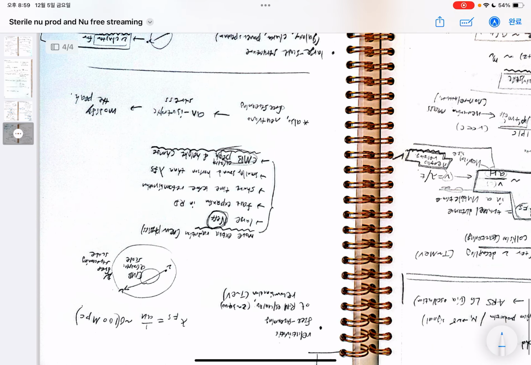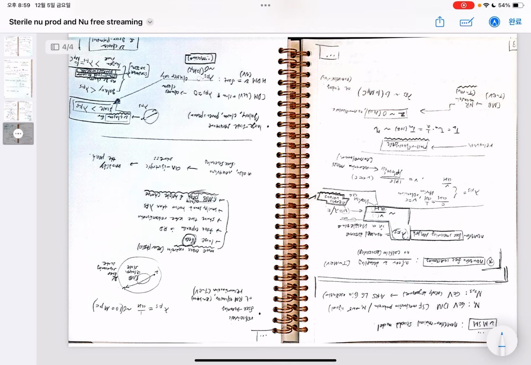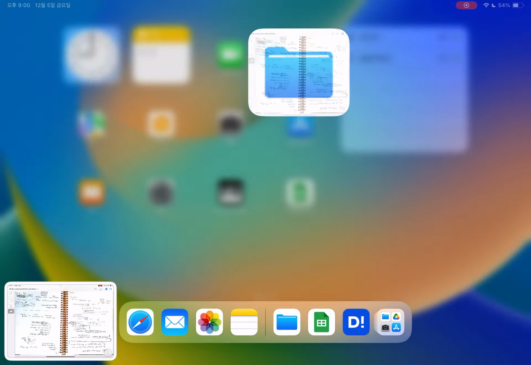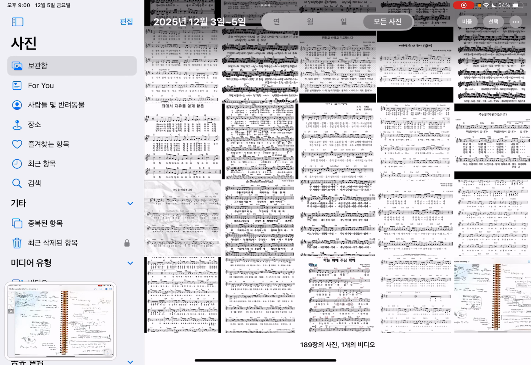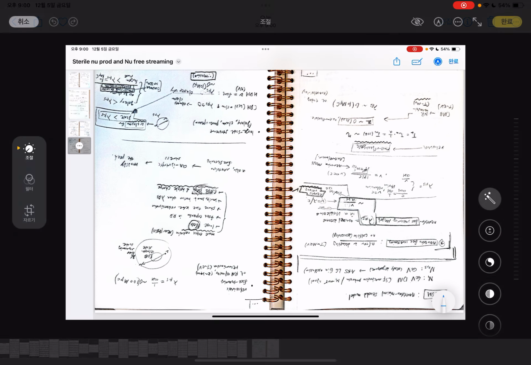There's a serious problem in here. How can I fix that? Maybe I can capture it and go to my gallery here. Yeah, here, and okay.